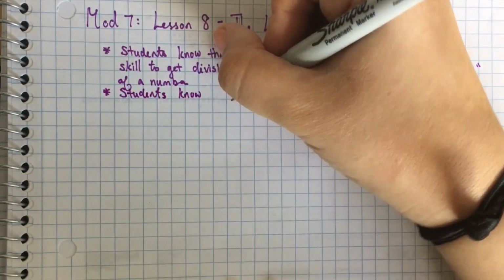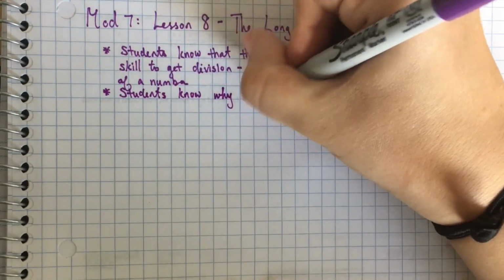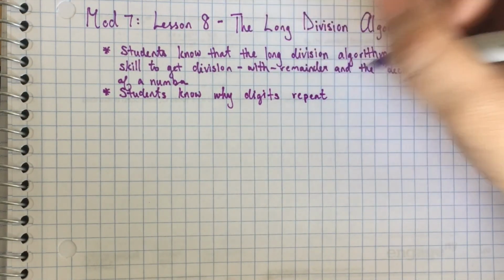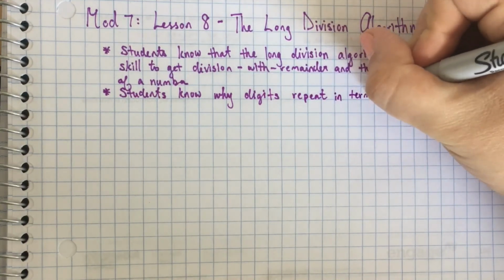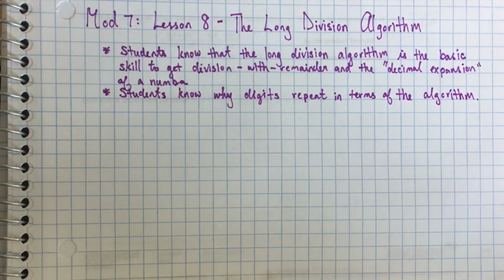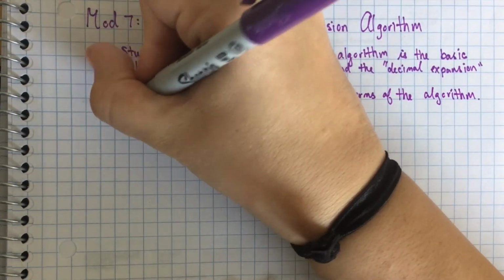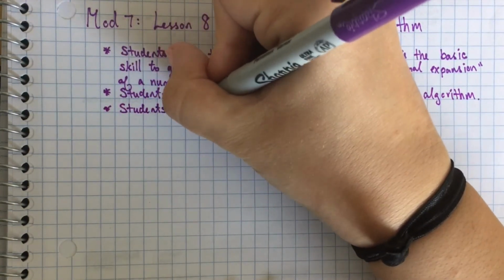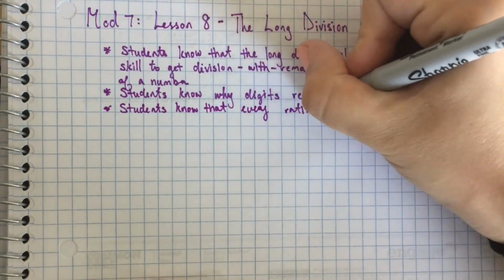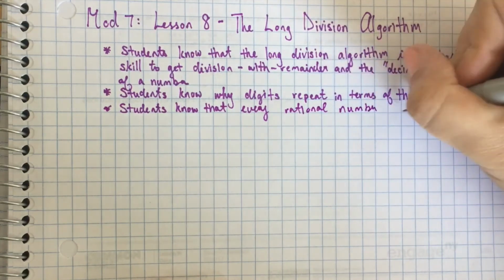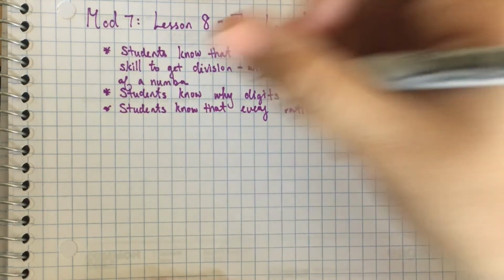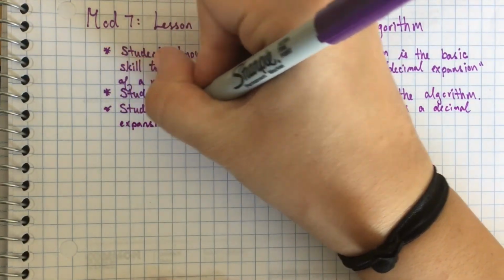Target 2 says students know why digits repeat in terms of the algorithm. And target 3 says students know that every rational number has a decimal expansion that repeats eventually.